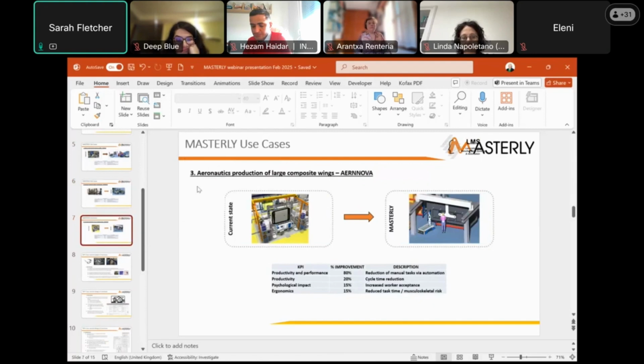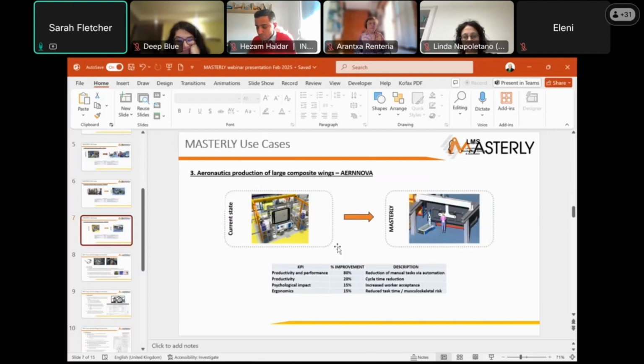So the Aeronova use case task is currently a task that involves quite heavy manual handling, moving large components in aeronautics around, and our target is to implement a human-robot system, which actually is not as collaborative as the other two use cases, because the aim here is to replace that heavy manual handling and the risk of injury and collision that it involves, focusing on allowing the human to conduct the smaller assembly tasks, the more cognitively skilled tasks, and take away that dangerous heavy lifting.